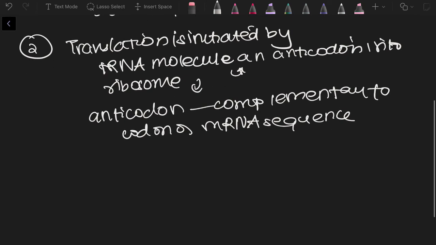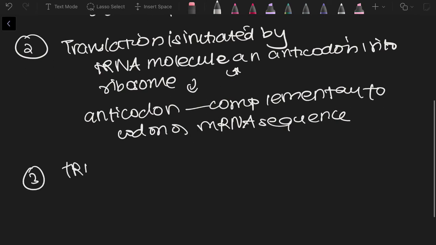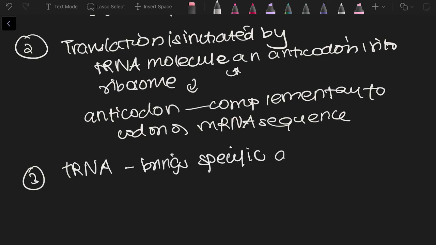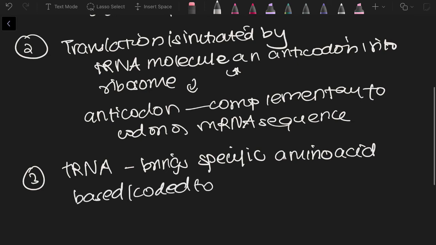Then the tRNA will bring a specific amino acid based on the codon of the mRNA. Remember, the amino acid is actually coded for by the mRNA's codon, not the anticodon. So it brings a specific amino acid coded for by the mRNA's codon.